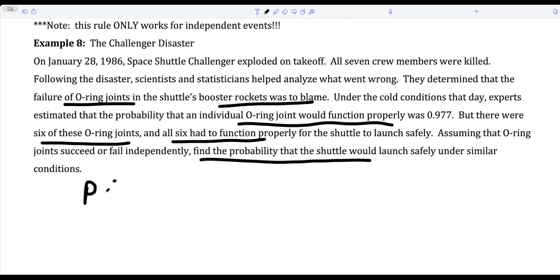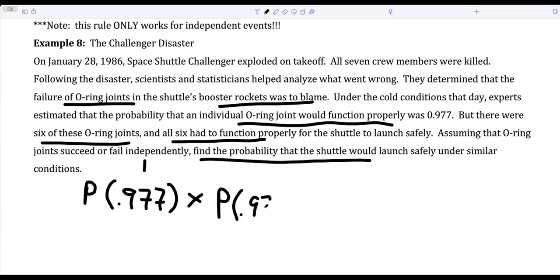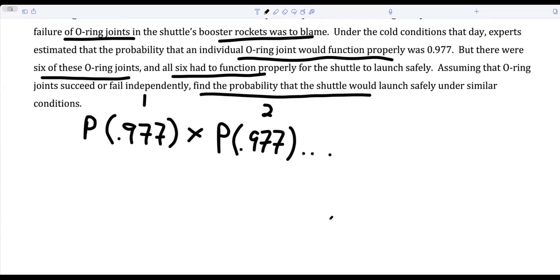So the probability that the first O-ring joint functions properly would be 0.977, times the probability that the second one functioned properly, which is the same, all the way 6 times. I'm going to shorten that. I could write this as 0.977 raised to the 6th power. And so what is that? Put that into your calculator.